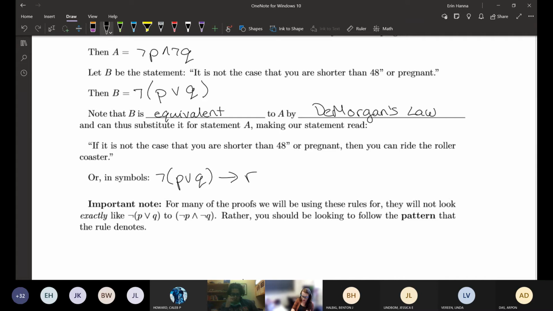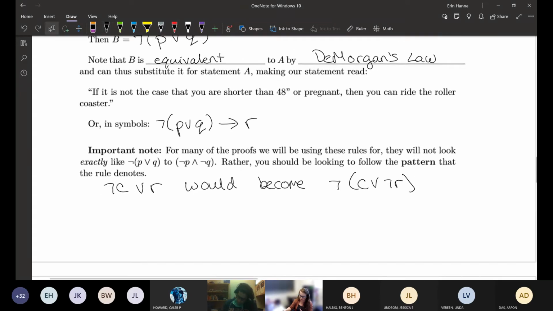Because if you had something like not C or R, you can still use De Morgan's on this. This would become not C or not R. Now also, technically, if I'm being super, I should be a bit more strict than this.